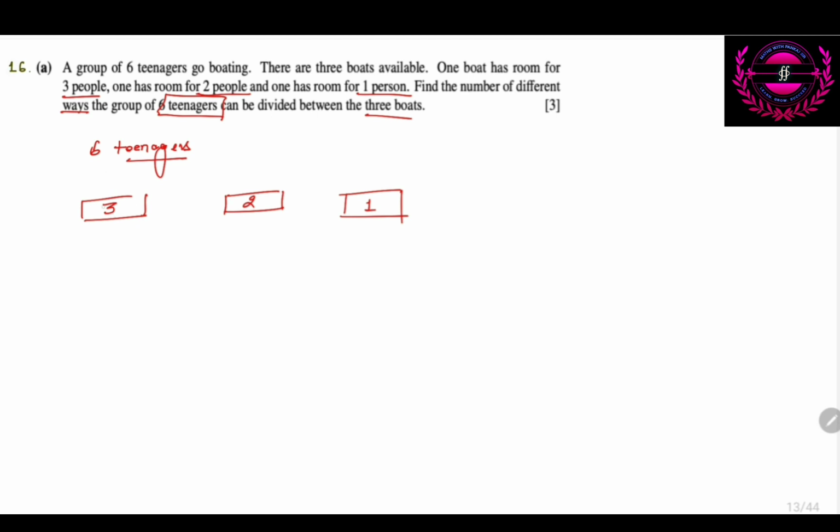So I can select 3 passengers or 3 teenagers out of 6 in how many ways? 6C3 ways. I can select 2 passengers out of the remaining 3 in 3C2 ways, and I can select 1 out of the remaining 1 in 1C1 way. So this is my total number of ways. Final answer.